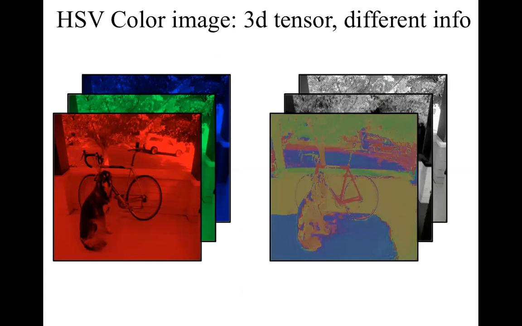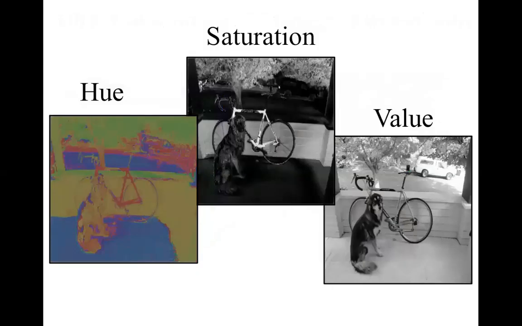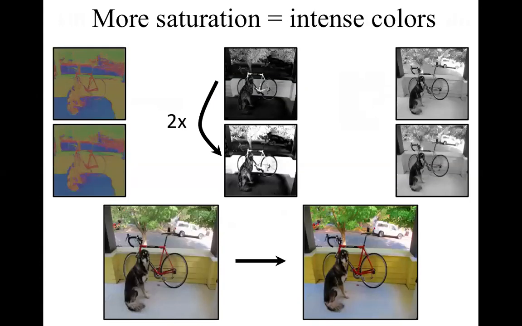So you still have 3 channels, but now with different information. The hue channel is responsible for the color. The saturation channel is responsible for how saturated your color is at each pixel, and the value tells you how much brightness you have at each pixel, and you can play with these values and obtain different images.